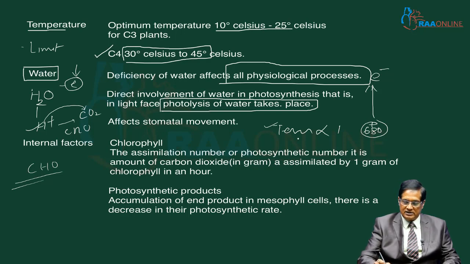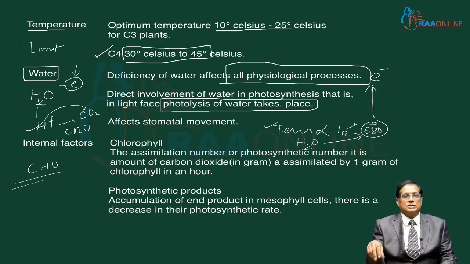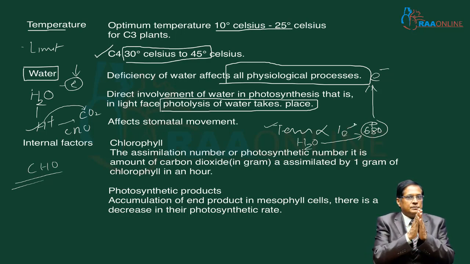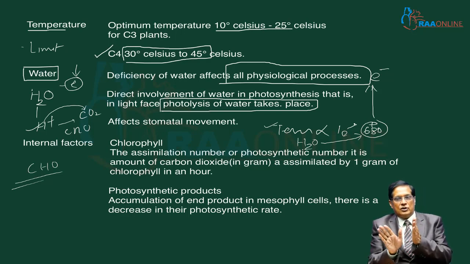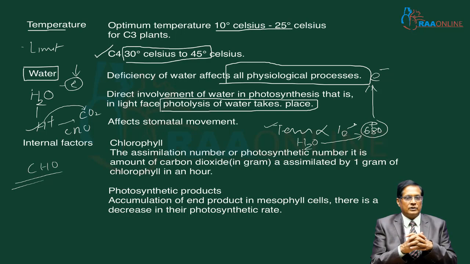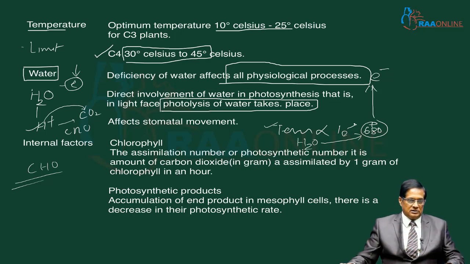So in that case, water undergoes lysis and provides an electron to PS2. So water is also responsible for fulfilling the loss of electrons of photosystem 2. This is the role of water.